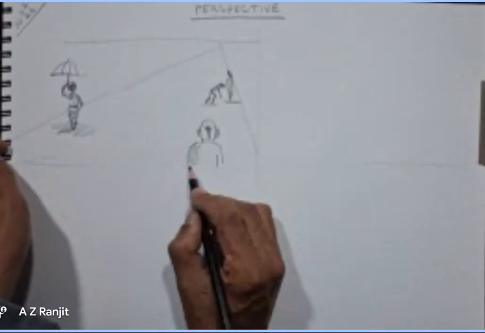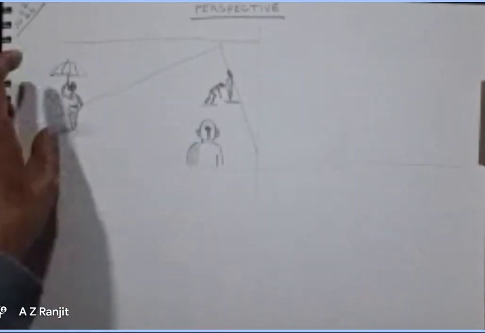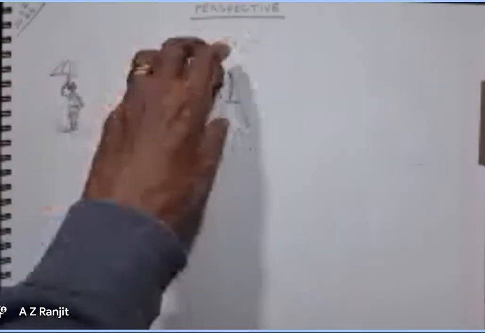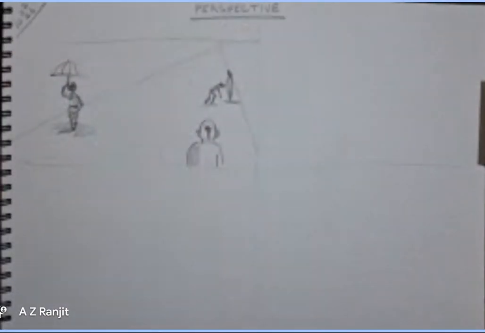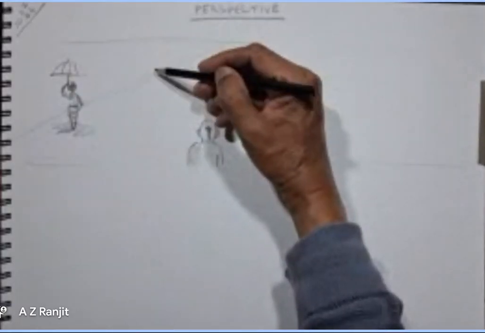Light is right above. Is it going on well? This person is standing near us, this person is standing slightly away, these two people are quite far away. Now there is somebody standing here.